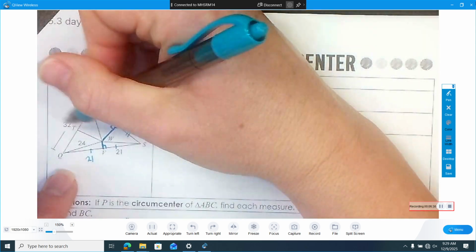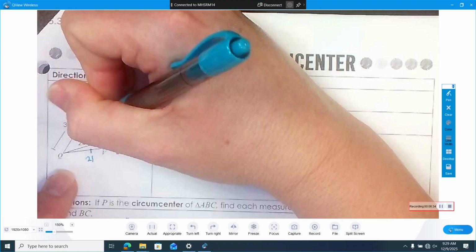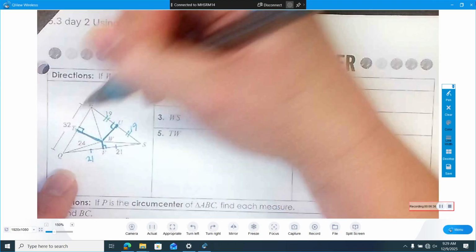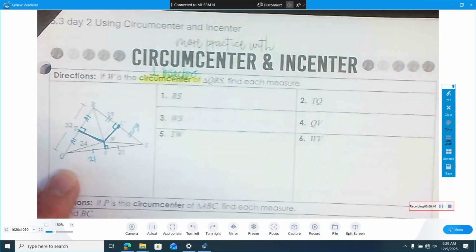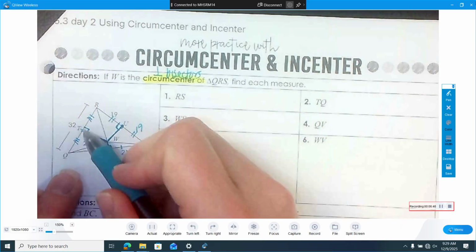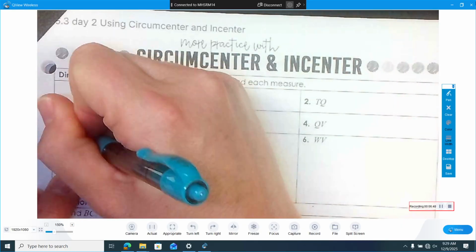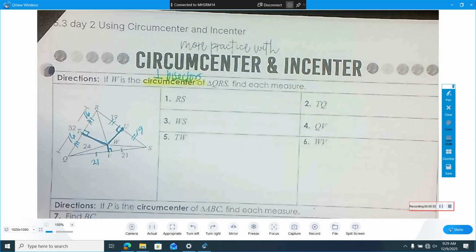And again, on this left-hand side, TW is a perpendicular bisector, which bisects that side into two congruent sides. If the whole thing is 32, what's QT? 16 and 16 on both sides. Again, as we go around the picture, fill these things in. Make the markings because it makes life easier.